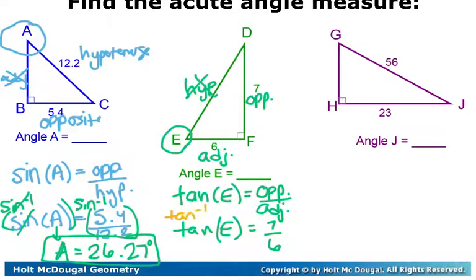So tangent inverse of the left side and tangent inverse of the right side means that I'll have an angle E that equals the tangent inverse of 7/6. So second tangent inverse, making sure you're in degree mode, gives you 49.40 degrees.